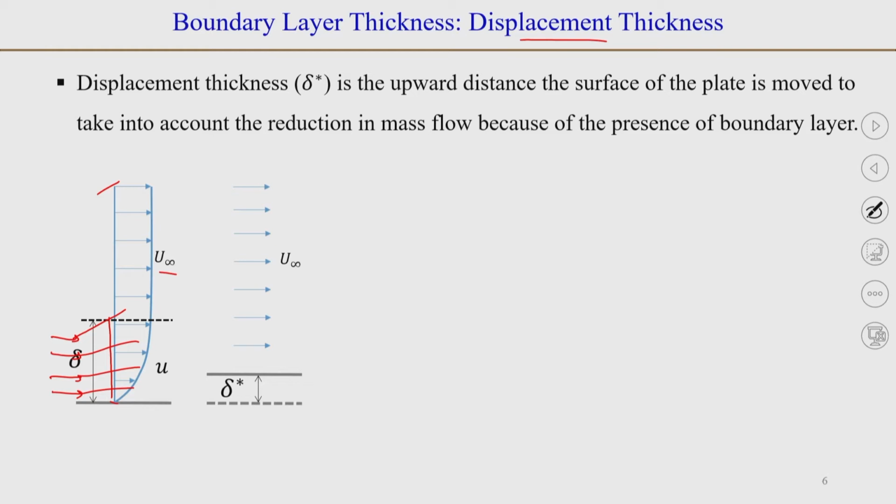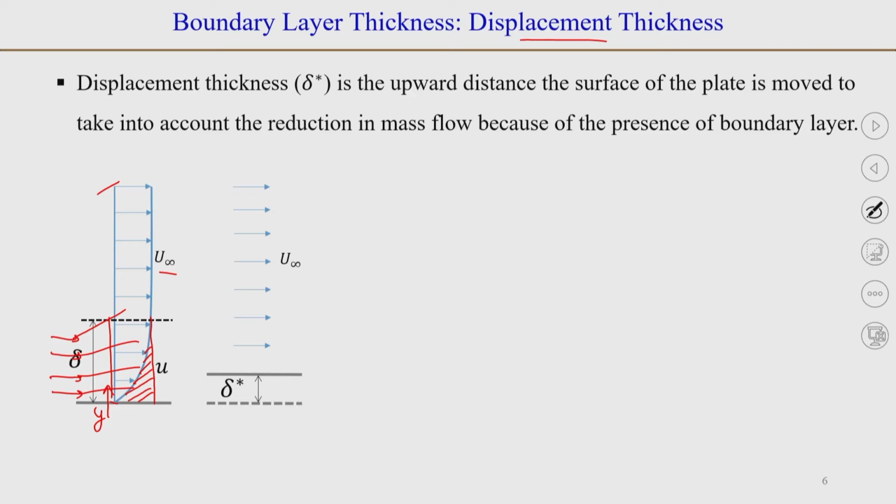But because of the presence of the boundary layer, this is not so. There is a certain loss in mass because of the presence of the boundary layer. You can see here that this velocity vector represents the magnitude of u, and we have this distance moving as y. So, u dy, this area, is what is causing a loss in mass.